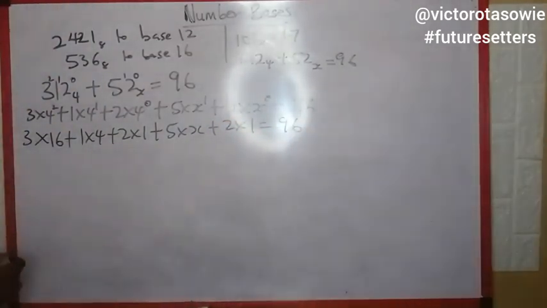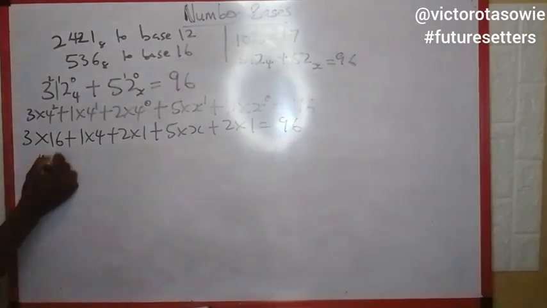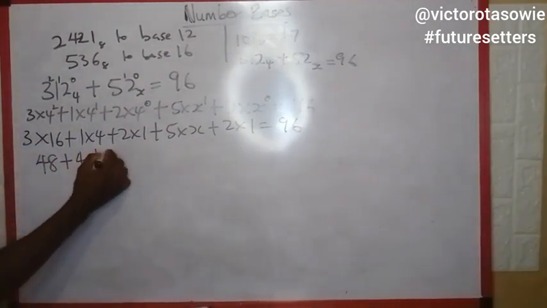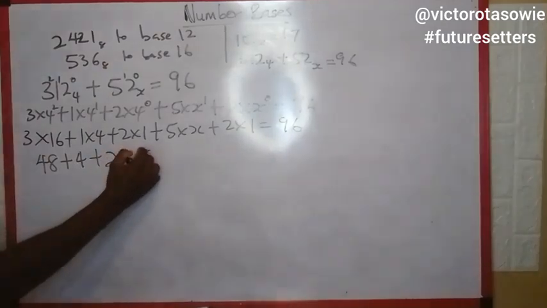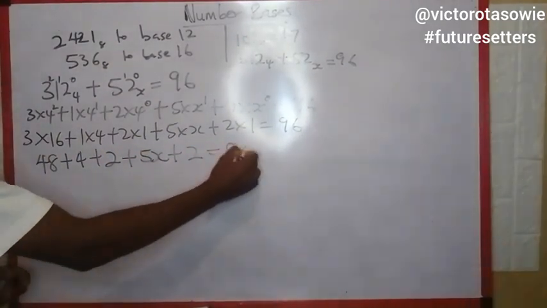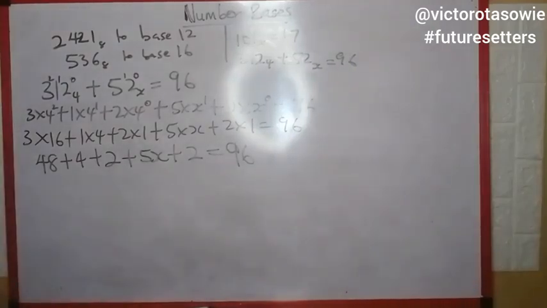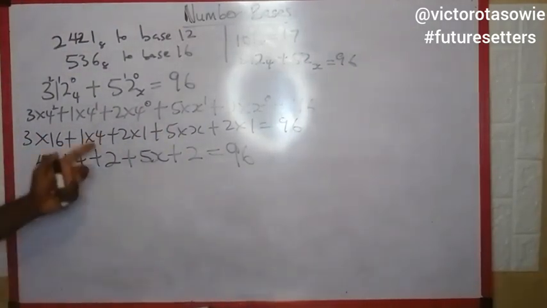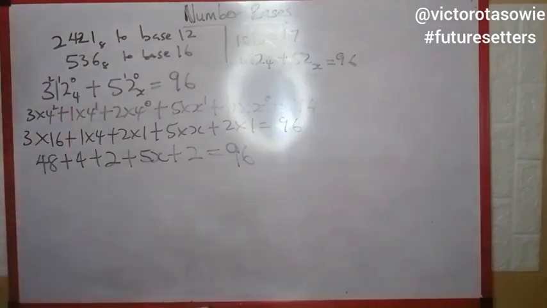Now the next step, 3 times 16 is what? 48. 1 times 4 is 4. 2 times 1 is 2. 5 times x is 5x. 2 times 1 is 2, equal to 96. So the next step, 48 plus 4 is 52. 52 plus 2 is 54. 54 plus 2 is 56.